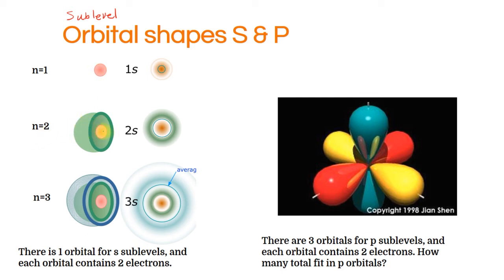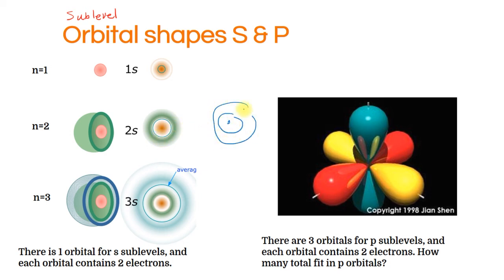So we're in the second period. You still have the 1s orbital there. You just stack on another layer. So this is a sphere. And in between these two things, so if we cut this in half and look at it, in between these two things, kind of where this white zone is, the electrons are not allowed to go. That kind of correlates with Bohr's model of the atom, right?